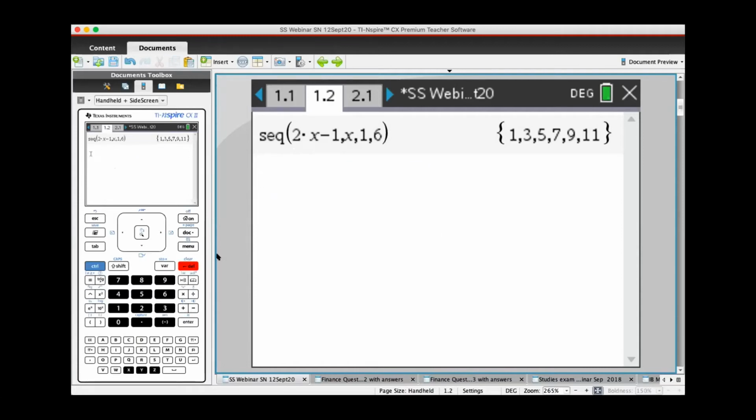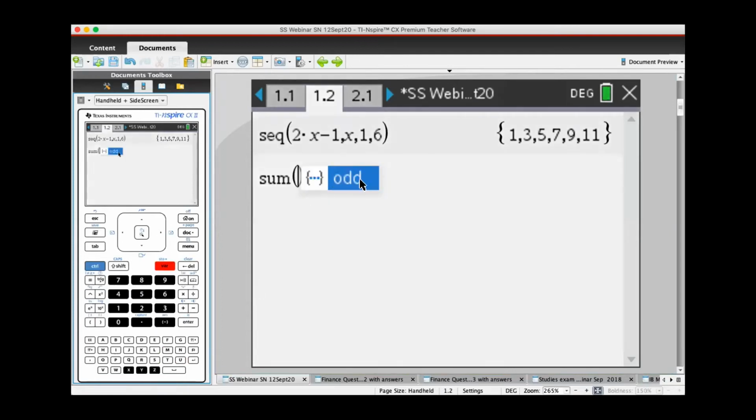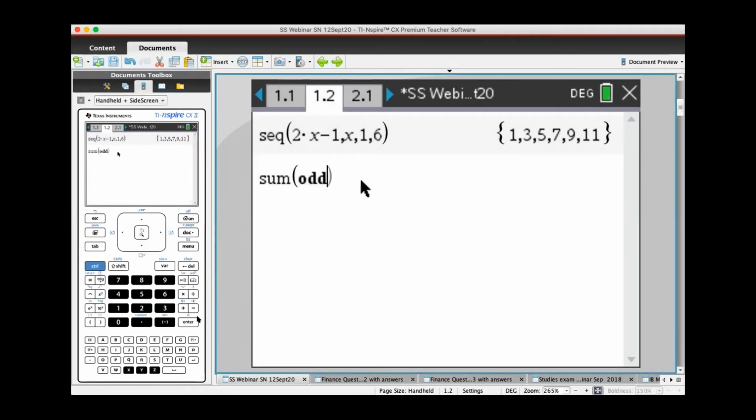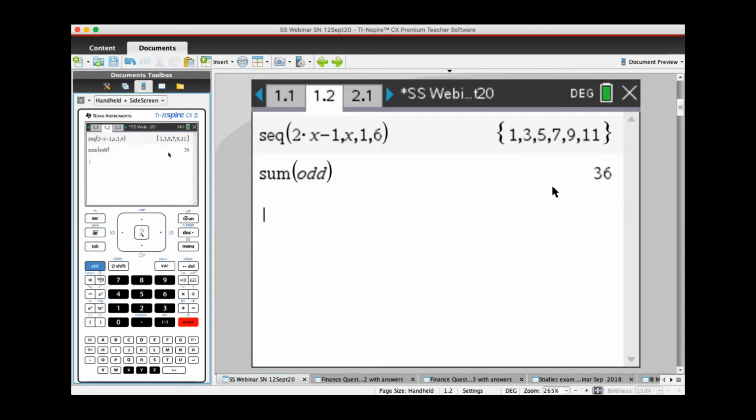So what I'm going to do is find the sum of these numbers. I'm going to write the sum, and go to my variable. It's already defined, all right, and I'm going to press enter and I get the sum. This is one way to get the sum of these numbers.